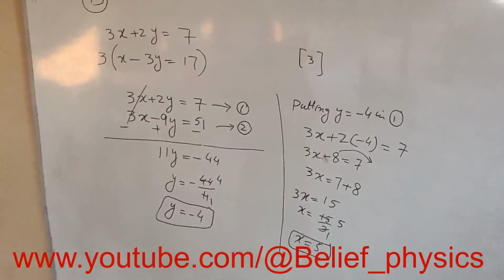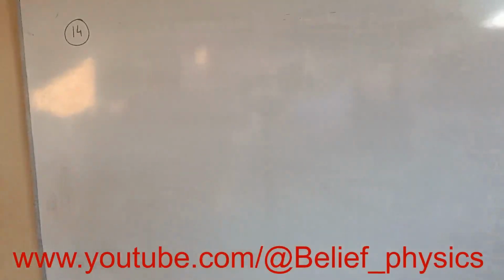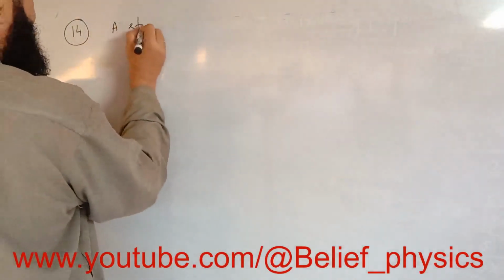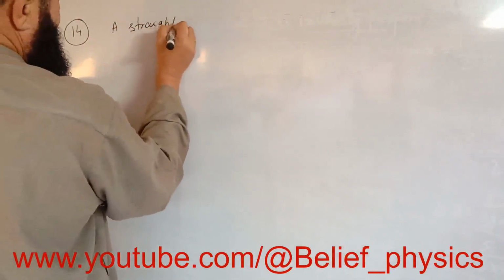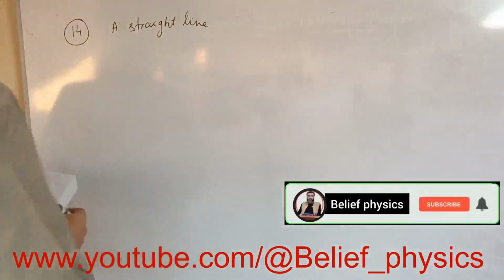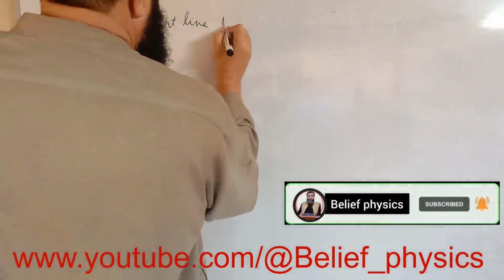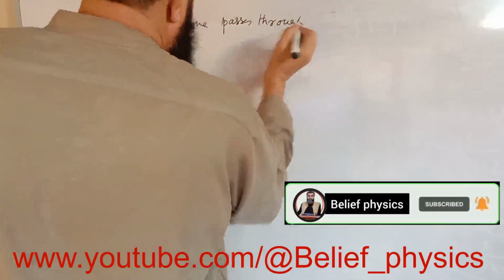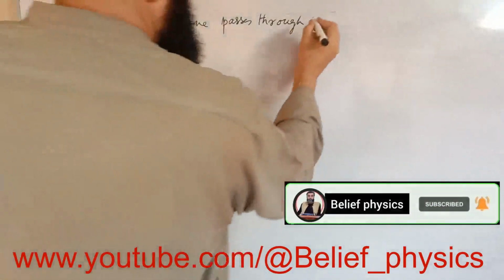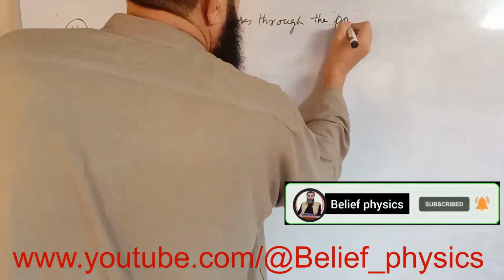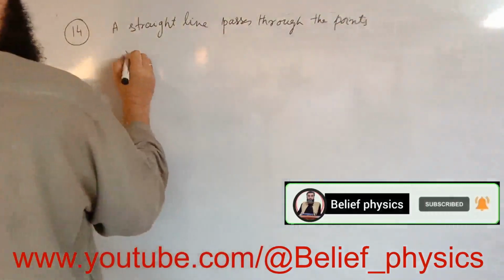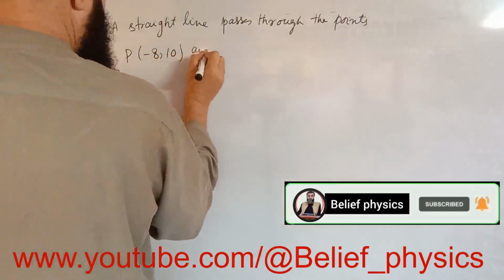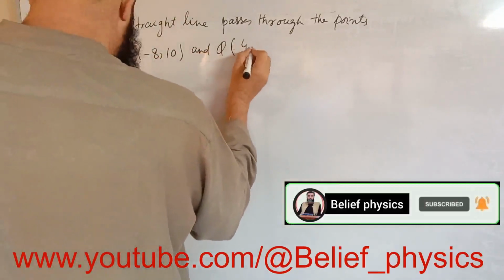Understand? Question number 14 is about coordinate geometry. The question is, a straight line passes through the points P minus 8, 10 and Q 4, 1.